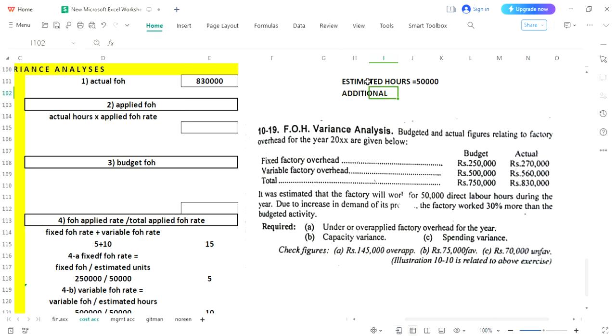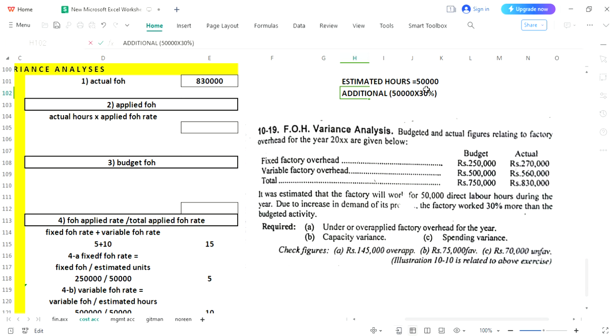So additional work, how would you calculate it? For additional work, 30% would be worked additionally. Initially 50,000 hours we were working, so we will calculate 30% of 50,000. How will you calculate 30% of 50,000?